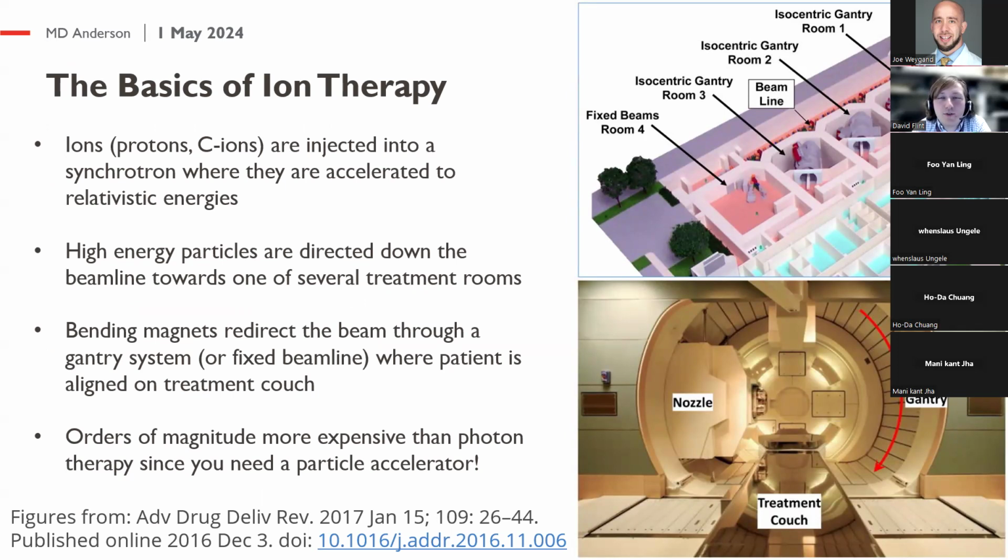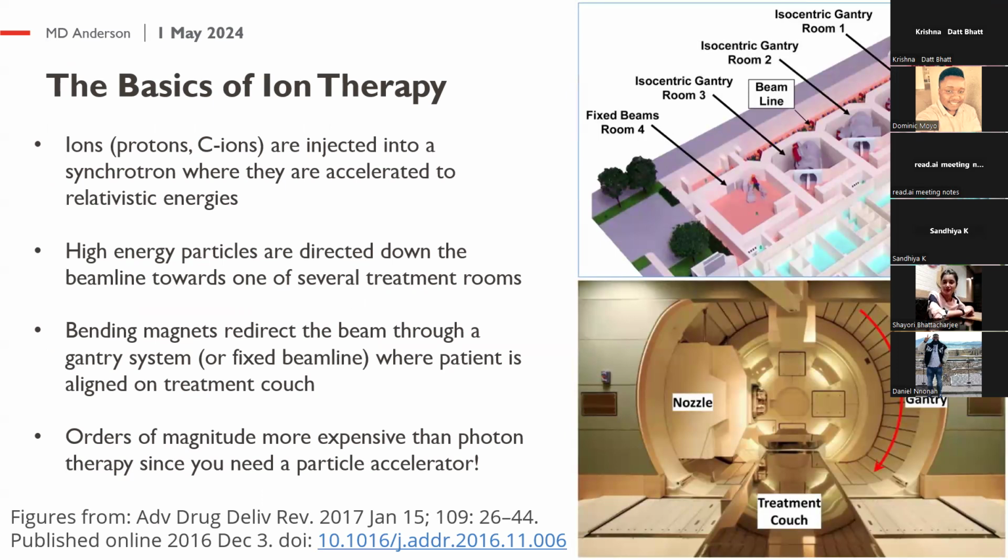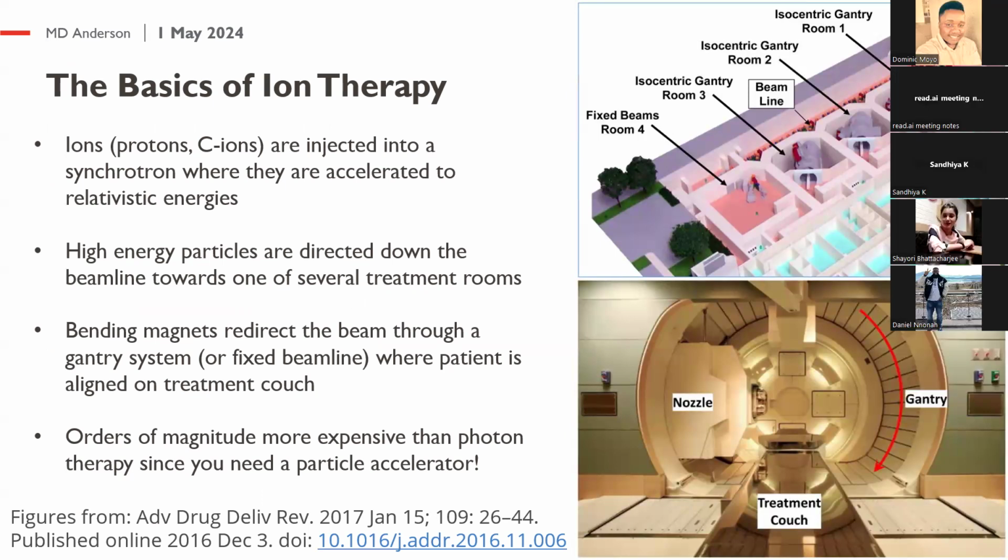So, just to give you a brief 10,000-foot view of radiation therapy with ions, as I tell my friends who are lay people, basically we're using a particle accelerator to treat cancer. We start by injecting ions, currently usually protons or carbon, into a synchrotron, which accelerates them to near relativistic speeds.